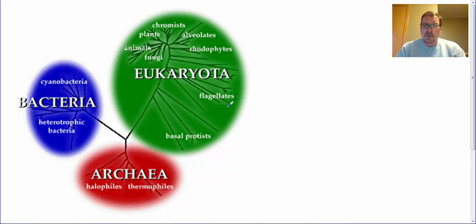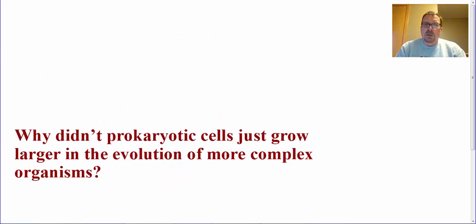When we talk about kingdoms later, it used to be the kingdom Protista was kind of the junk drawer of single cell organisms that weren't prokaryotes, and now they're finding some that are prokaryotic and some that are eukaryotic, although more eukaryotic, and so they're starting to get rid of that kingdom. But that's the area that we would look at.